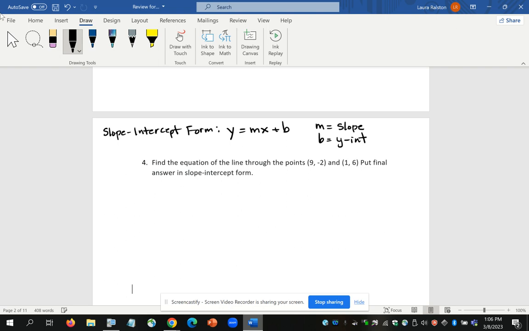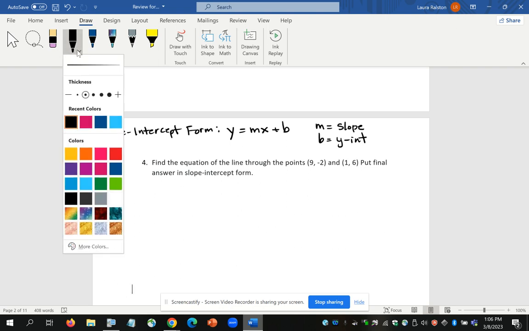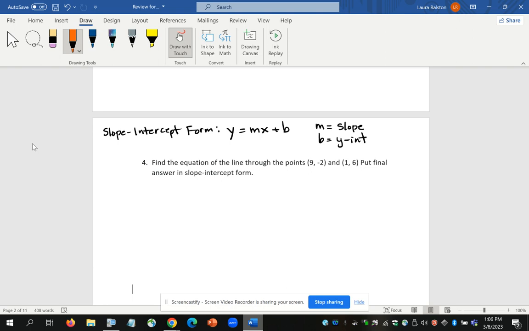But to get to slope-intercept form and to write the equation of the line, we initially should use what's called the point slope form or point slope formula.